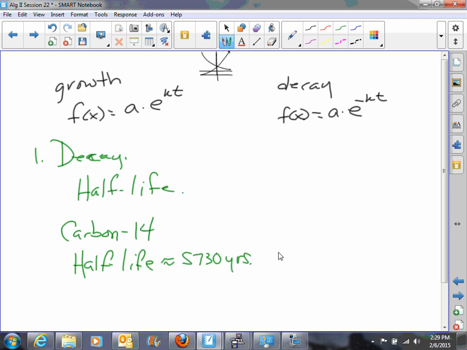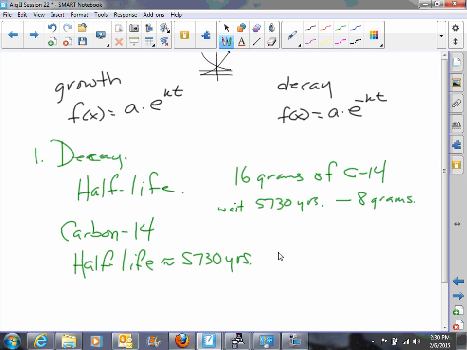What that means is, let's imagine that we have 16 grams of carbon-14. Now, if we wait 5,730 years, of that original 16 grams, only 8 grams of it will still be carbon-14.